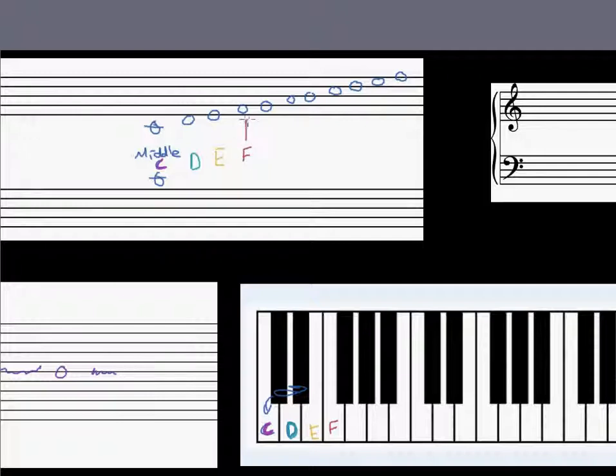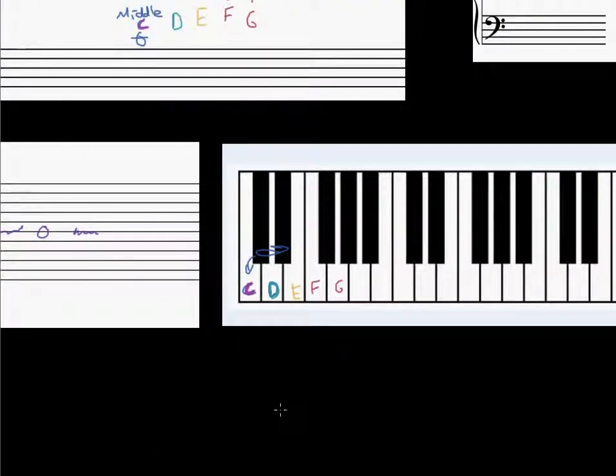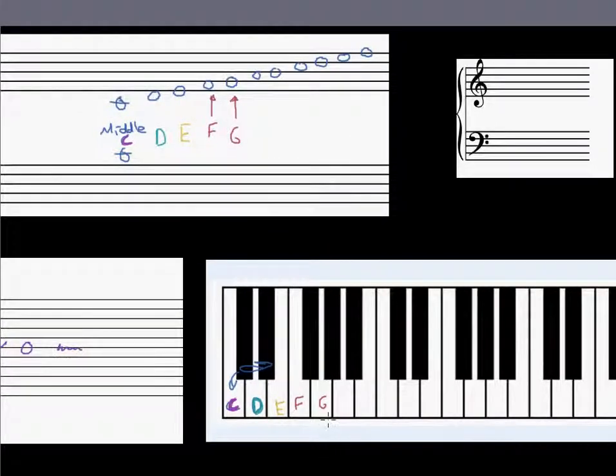So this note here is F. G. So this note here is G. At this stage it should be very logical, no craziness happening. After G, we learned in the first video, it starts back at A.